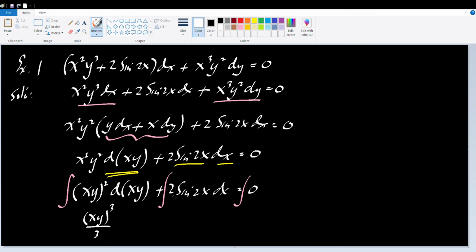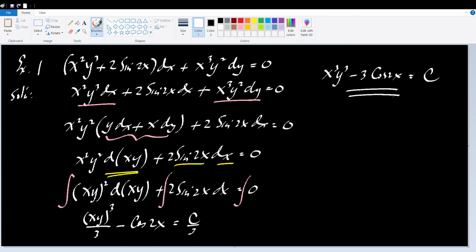And then 2 sine 2x dx, when you evaluate that, will give us negative cosine of 2x, equal to c over 3. So, as for our final answer, it will be x cubed y cubed minus 3 cosine of 2x equal to c. So that is our final answer.